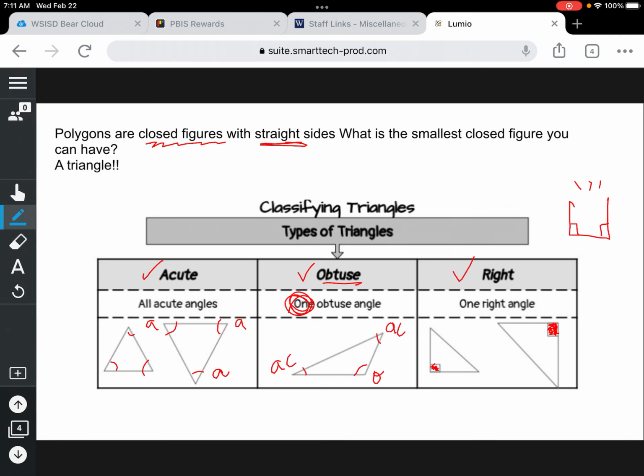So your triangle can have only one right angle or one obtuse angle. Again, acute is a triangle that has three acute angles. Obtuse will have one obtuse and two acute, and a right triangle, one right and two acute angles.